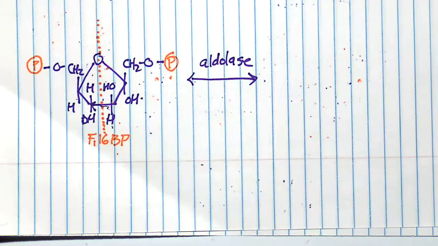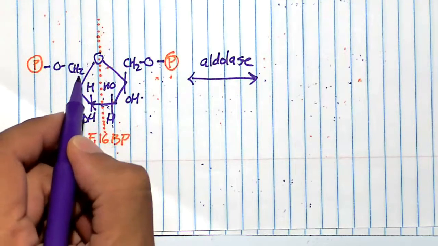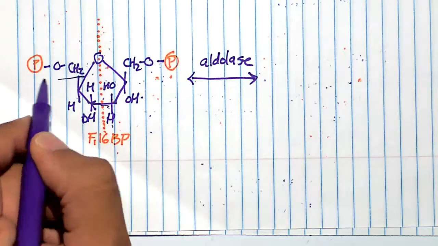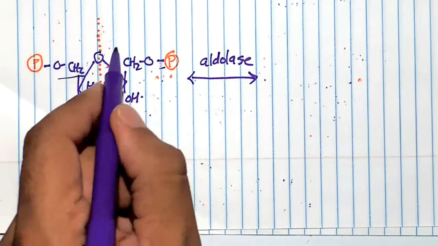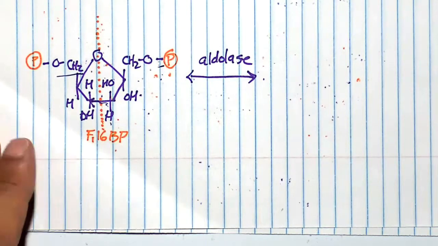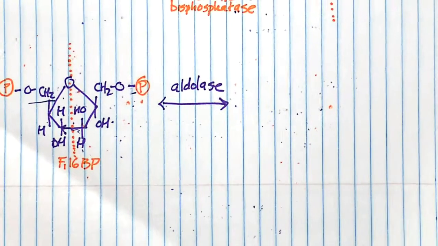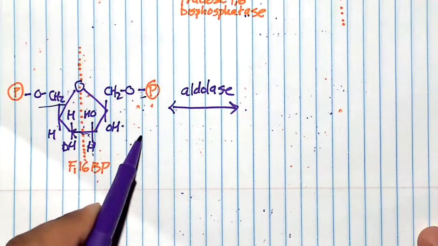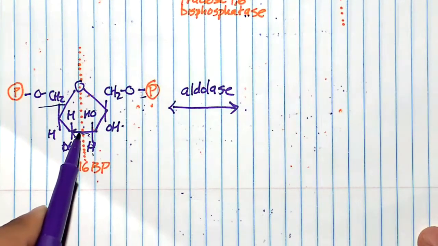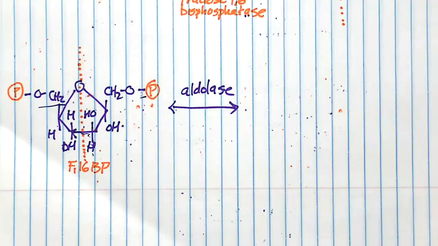We get an aldehyde, and we get an alcohol. Okay, so cutting this molecule in half, one molecule will still have the phosphate, the other molecule will still have the phosphate, and what we get is glyceraldehyde 3-phosphate going this way, and dihydroxyacetone phosphate going that way.